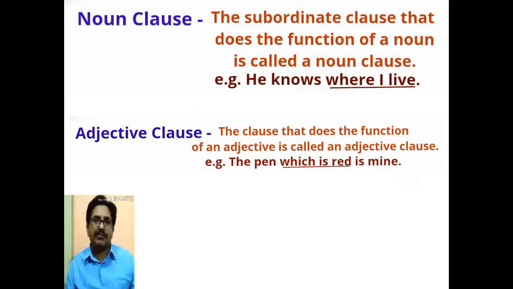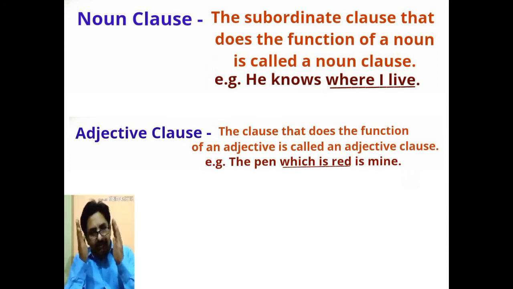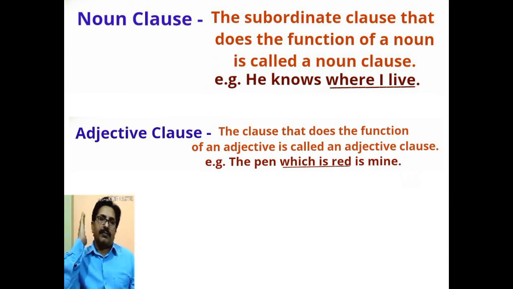There is no difference between adjective clause and relative clause. The only thing you have to understand is, since most of the adjective clauses start with relative pronouns, they are called relative clauses.